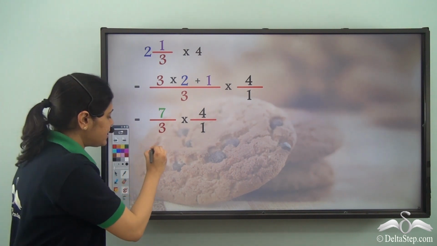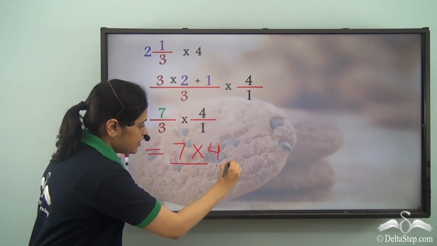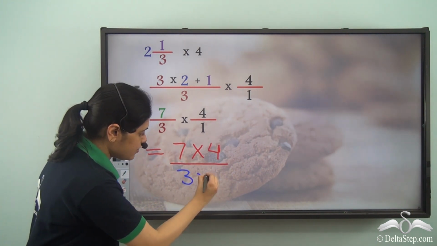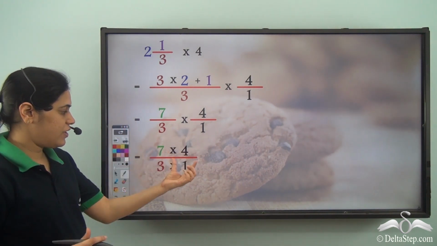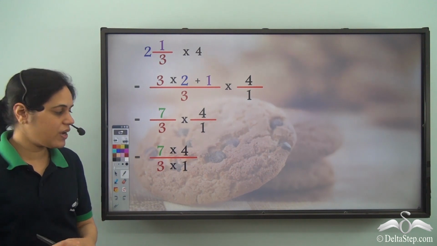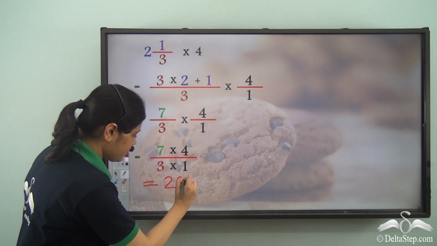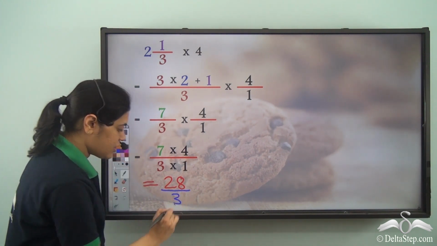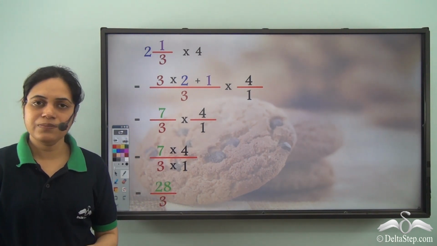So, next I need to multiply the two numerators, that is 7 into 4, and the two denominators, that is 3 into 1. Now, 7 into 4 is 28 and 3 into 1 is 3. So, the answer is 28 by 3.